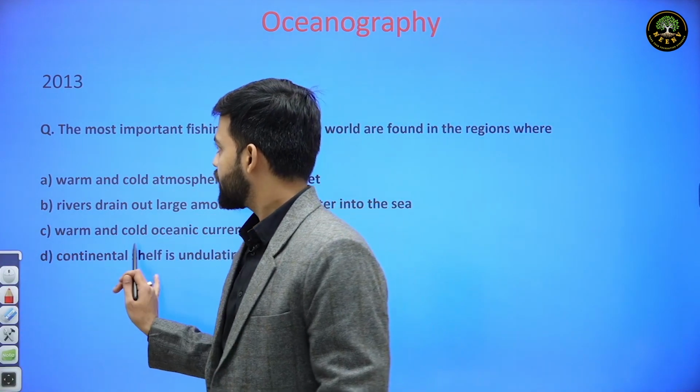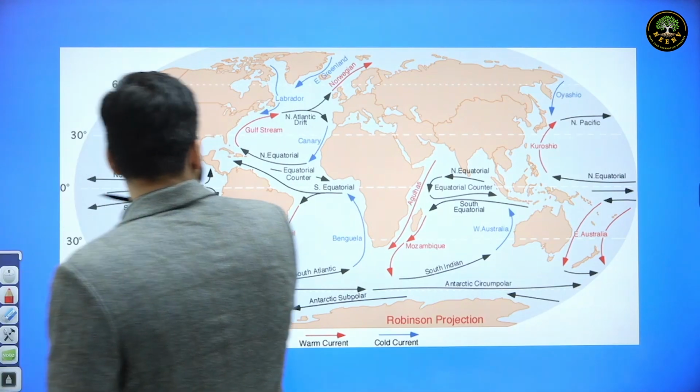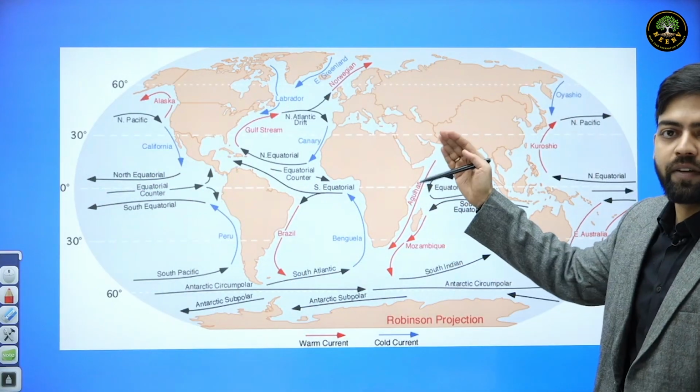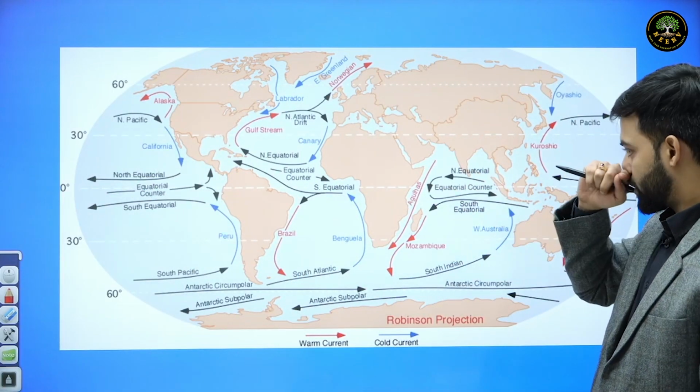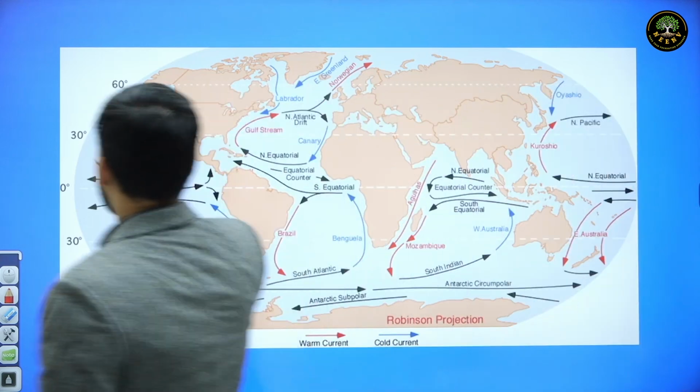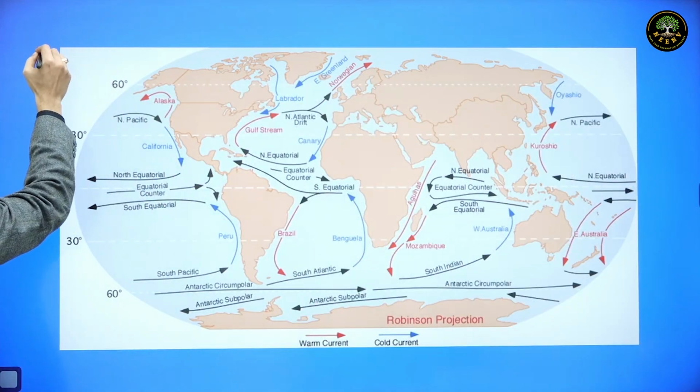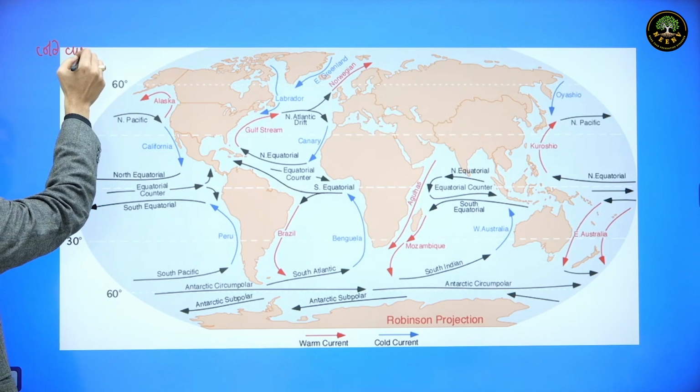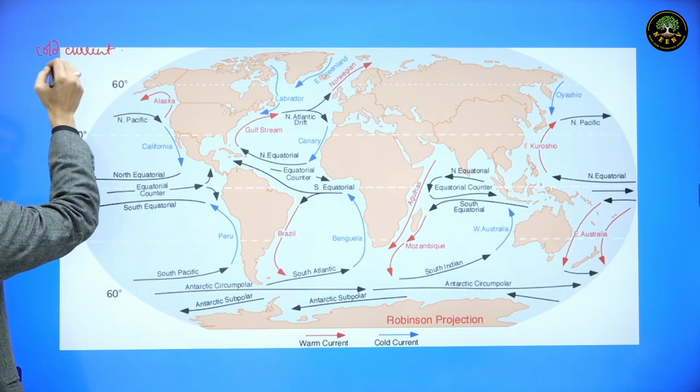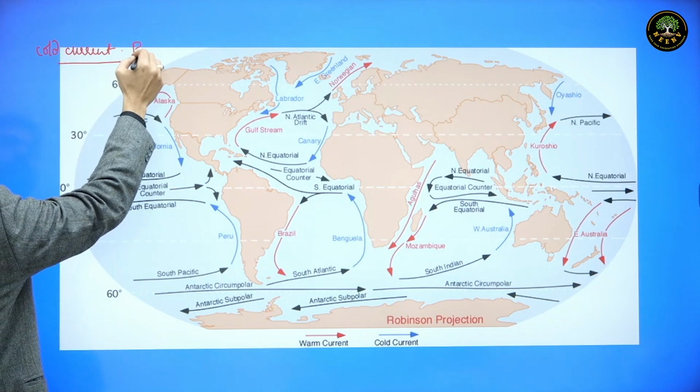Now let us look at this map of ocean currents. These are the different ocean currents, both warm and cold ocean currents. What is the function of cold current? Cold current brings water from colder areas to warmer areas, so from poles to equator.